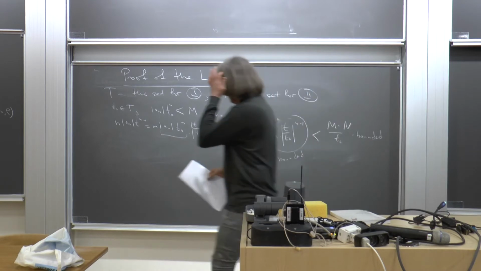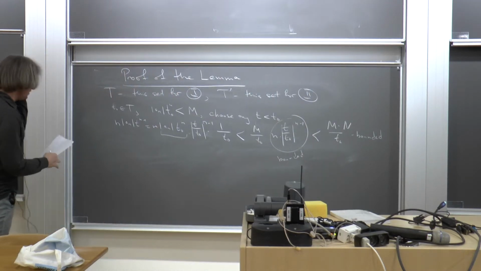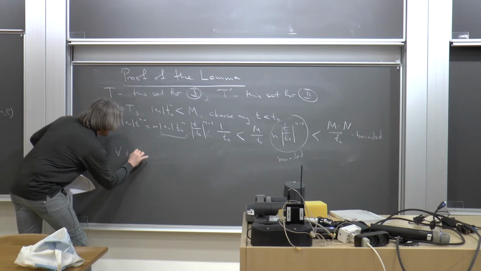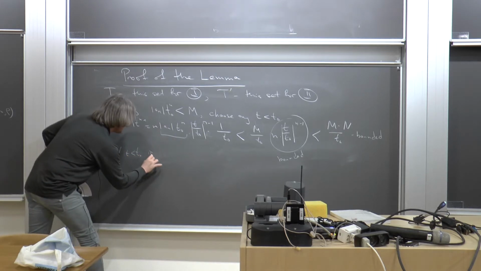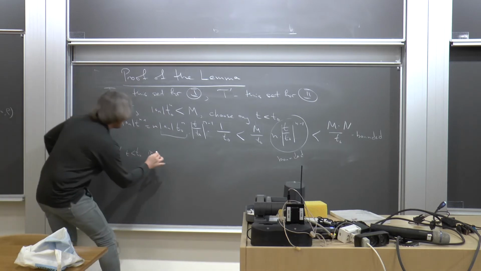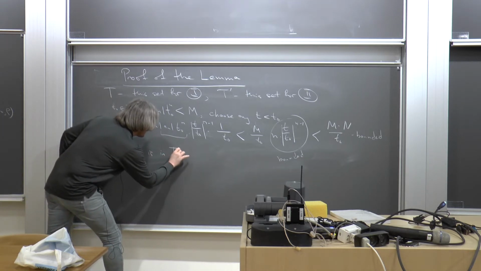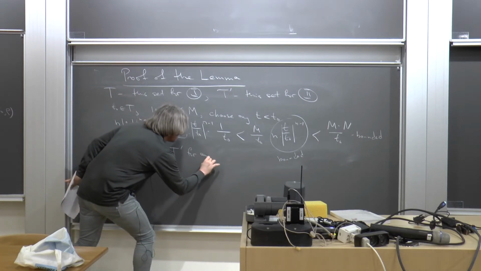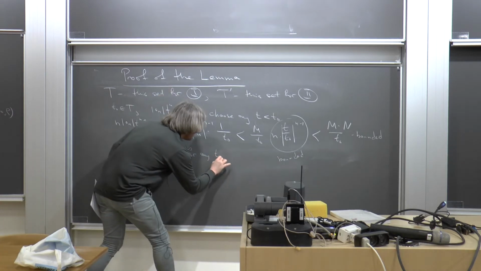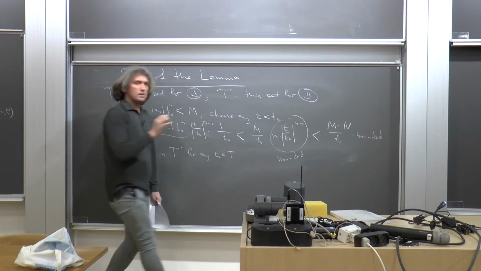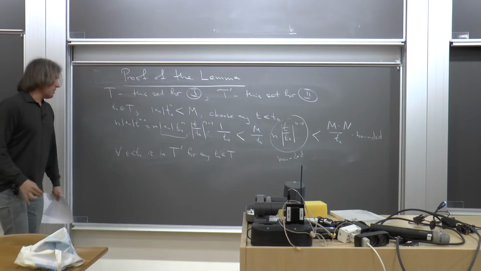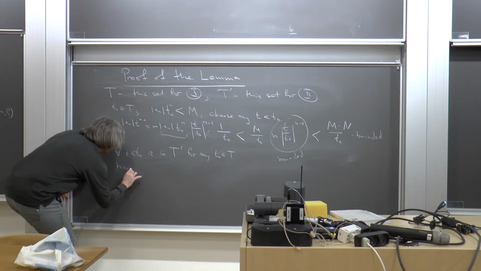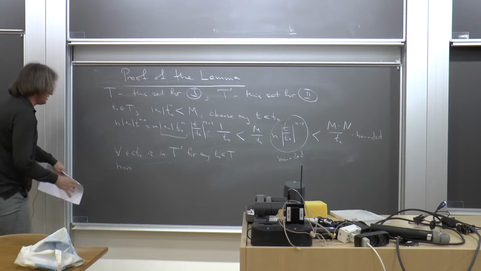So we get that any t less than t node is in T prime, for any t node in T. So we have inclusion of sets in one direction.